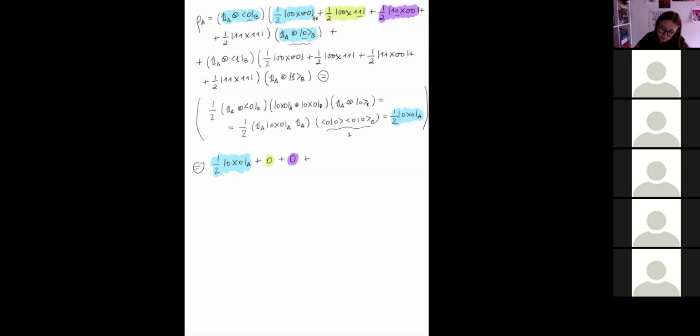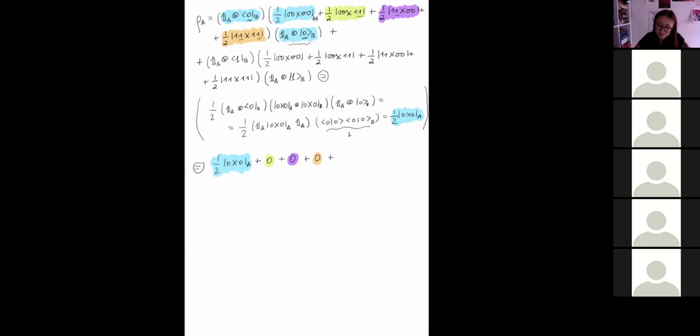Which color should I choose? This one. It will give us 0 again, for the same reasons. Because here we have 1 on B, 0 on B, and also here we have 1 on B, 0 on B. It's like being attacked from both sides. 0, okay.